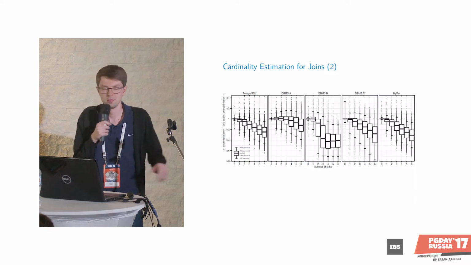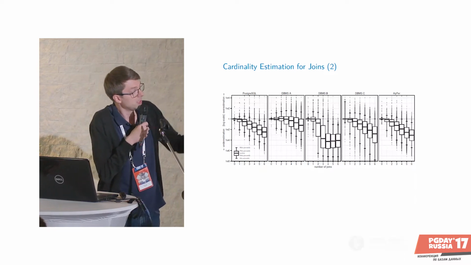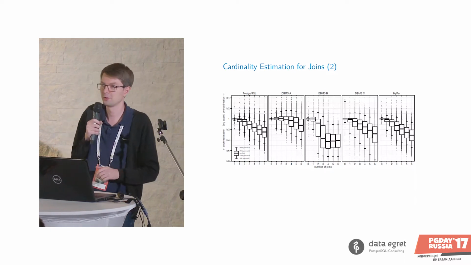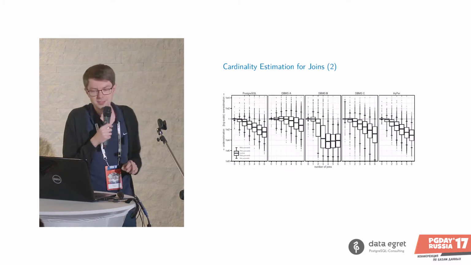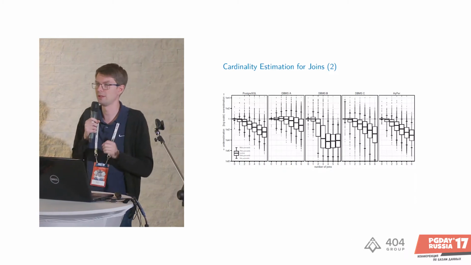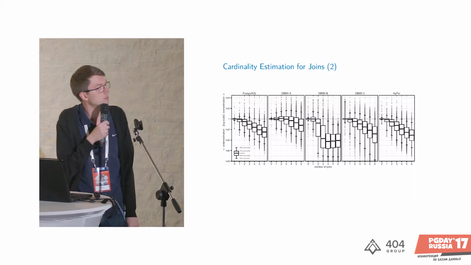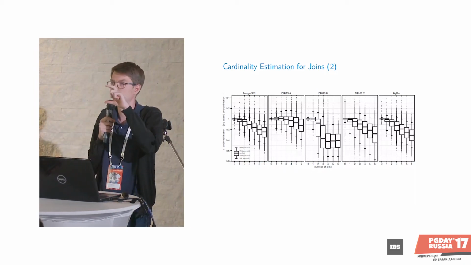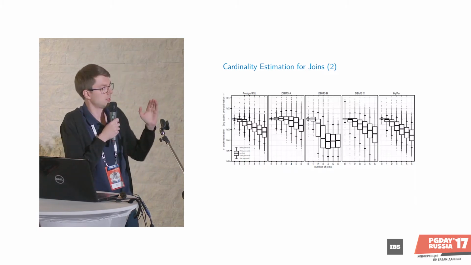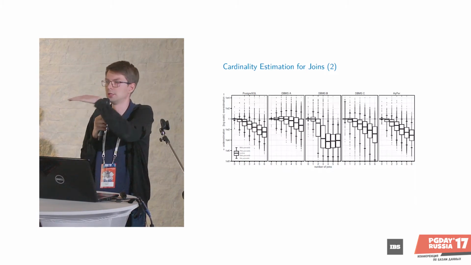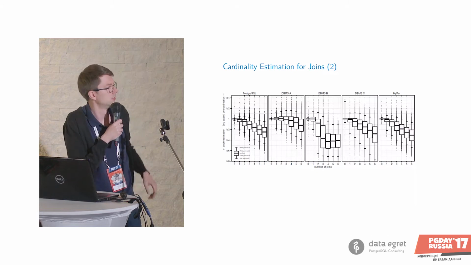If you would agree. System B is kind of terrible, just by the look of it. And DBMS A looks a little bit better than the other systems, right? However, the only thing that really looks better is not so much the width of the boxes, but that they are closer to this one line.